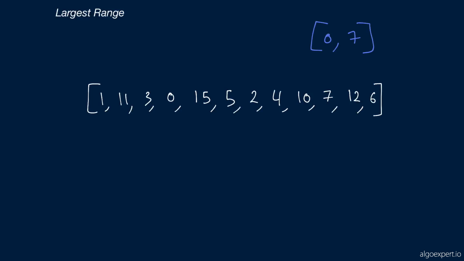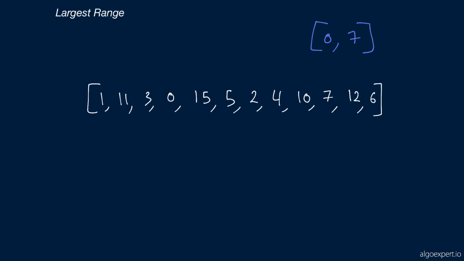So for this question, you're given an array of integers, and you want to find the largest range of numbers that is contained in this array. So a range of numbers is basically a set of numbers that come one after another in the set of real integers.